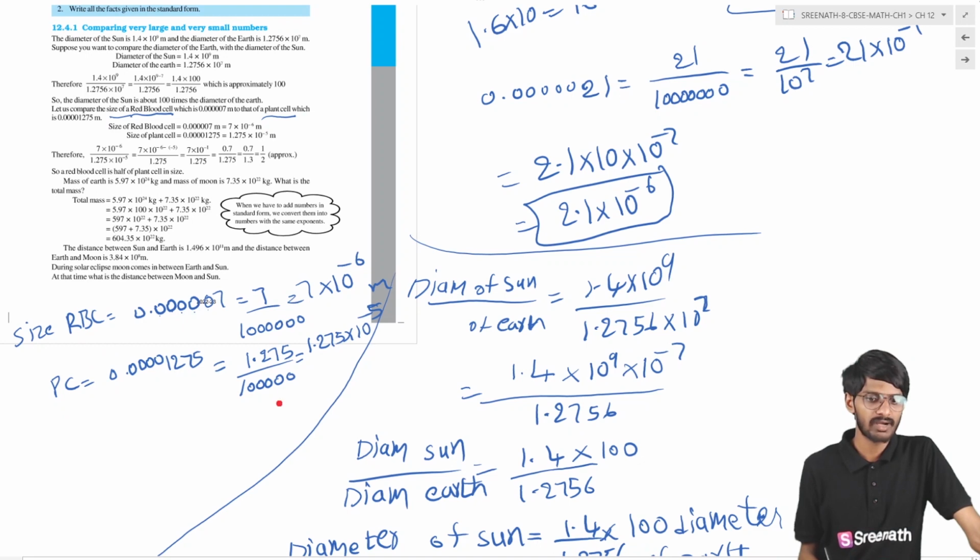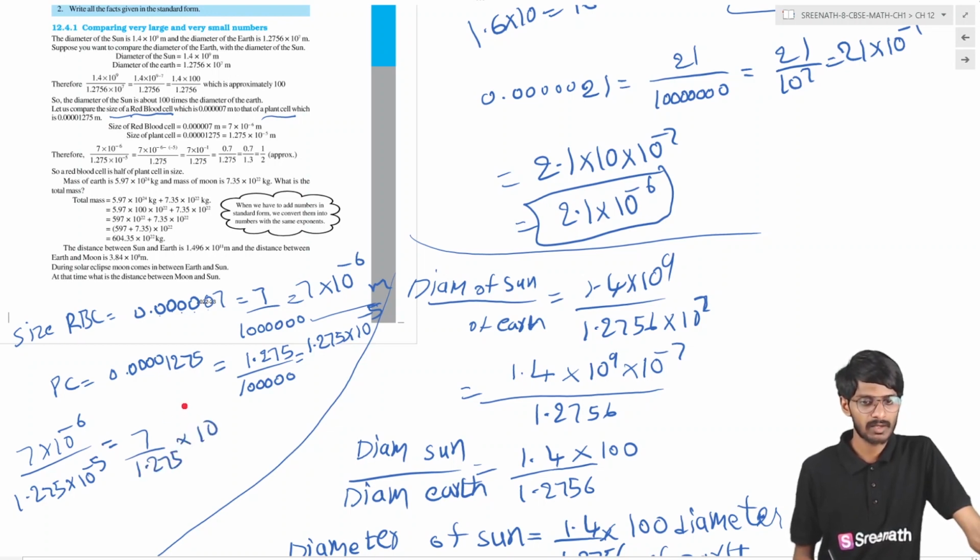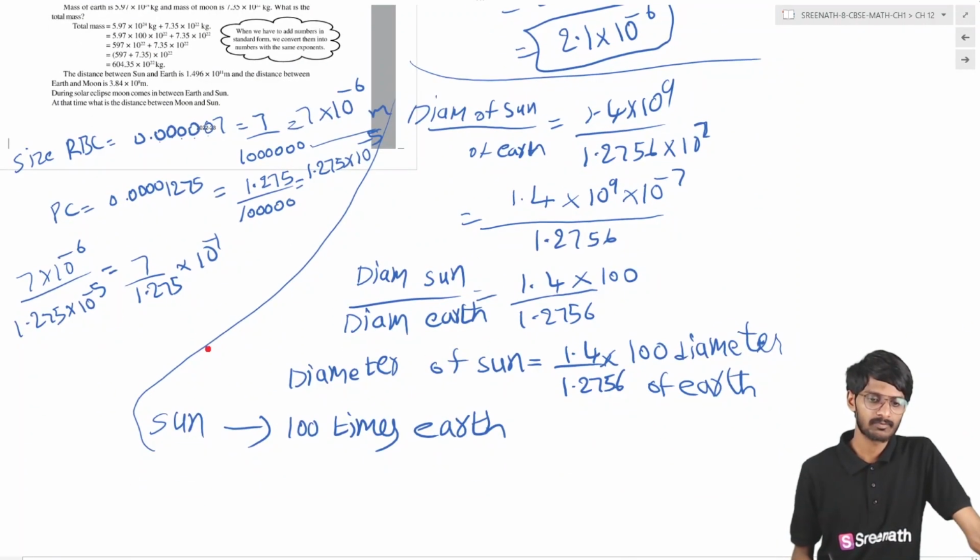Now again, if you divide both these things, that is 7 into 10 power minus 6 divided by 1.275 into 10 power minus 5. Whenever you are taking it, 10 power minus 6 and minus 5, it becomes how much? That is 10 power minus 1. So it becomes 7 into 1 by 10, or we can write it as 0.7 divided by 1.275.